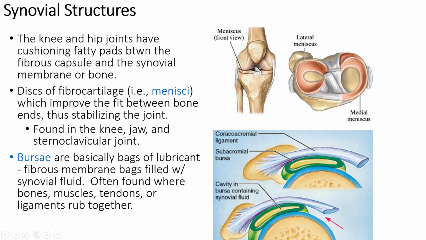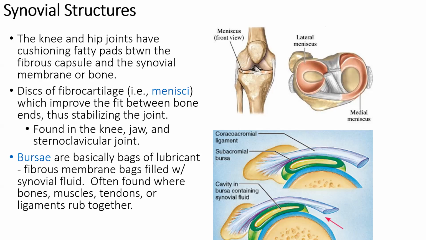Here we see a meniscus here and here. And if we're looking down here, on top of the tibia, here is the medial meniscus. Here's the lateral meniscus. It's a pad of cartilage to function as a shock absorber and to stabilize the joint. We all have these pads in our knees.